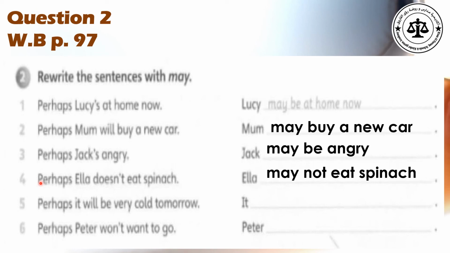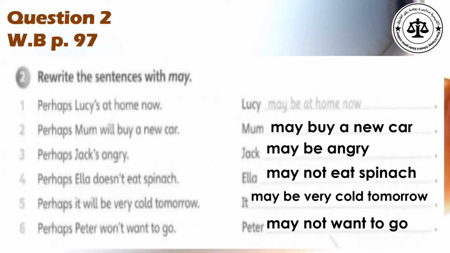Number 5, perhaps it will be very cold tomorrow. It, yes, may be very cold tomorrow. Perhaps Peter won't want to go. Won't means will not. This is a negative statement, so here we want to negate the sentence also. Peter may not want to go.